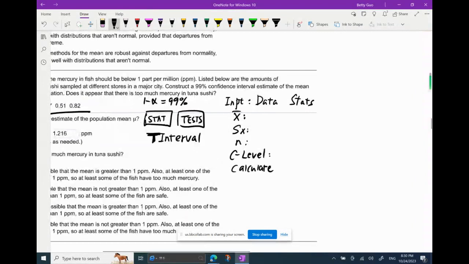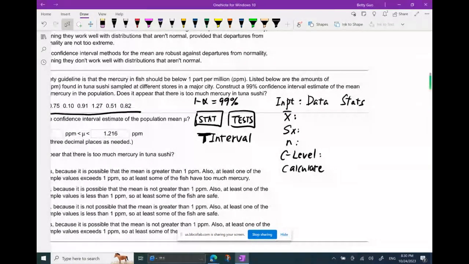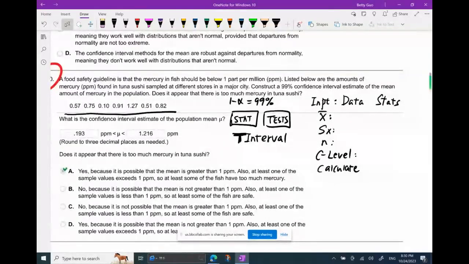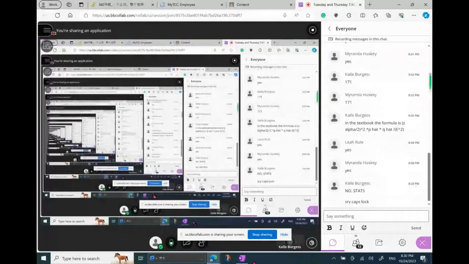Okay, so let me ask you, do we have a sample mean given in this question? We are given raw data, we are given a sample, but are we given the sample mean and sample standard deviation directly, that we can apply? Do we have that? No, we don't.